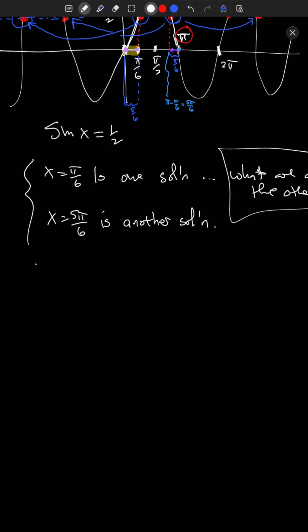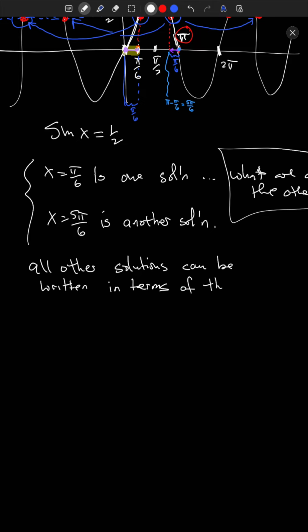So let me write over here: all other solutions can be written in terms of these two. The way we're going to write it is x equals pi over 6 plus, and if I add 2 pi, I get to another one.